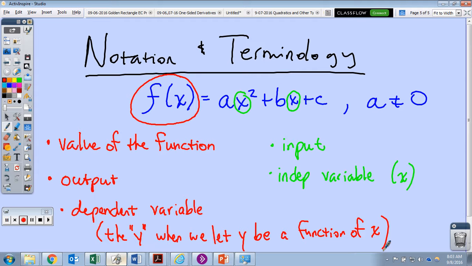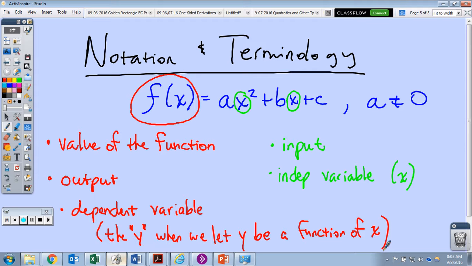So a function, a lot of times I'll describe it as like an oven, in the sense that you put things into an oven, and then there are things that come out after you've done something with the oven, which is bake. So for example, if I let x be an unbaked casserole, f of x would be a baked casserole.